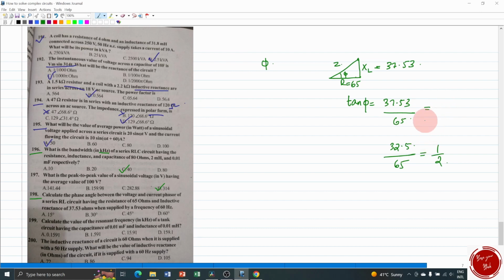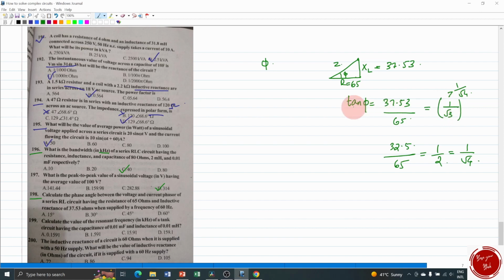So if I write this 1 by 2 as 1 by root 4, and here the value is something greater than 1 by root 4, which means I have to increase the numerator or decrease the denominator in order to have a value greater than 1 by root 4. So what if I decrease the denominator, that is 1 by root 3.